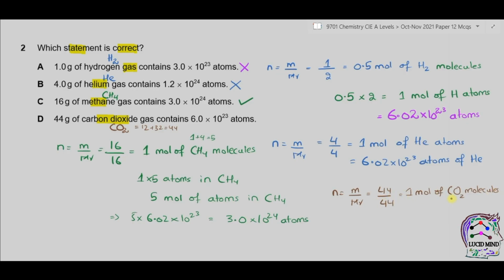Now, as we know that in one molecule of carbon dioxide, we have 1 carbon atom and 2 oxygen atoms. So in total, we have 3 atoms in one molecule. So in 1 mole, we would have 3 moles of atoms in CO2. Now converting these moles into number of atoms, we can multiply this by Avogadro's constant.